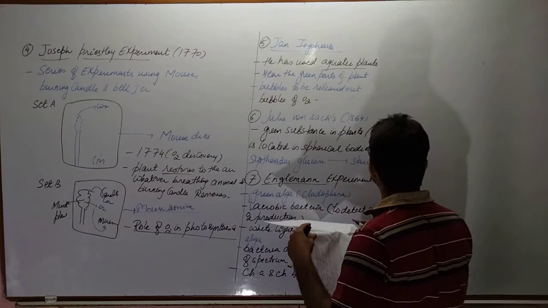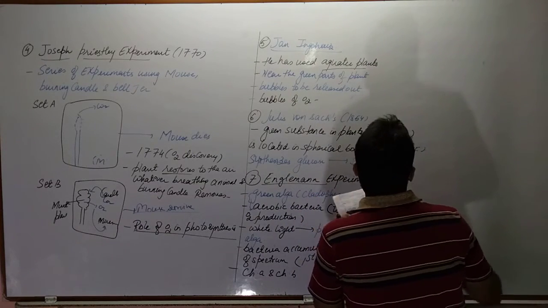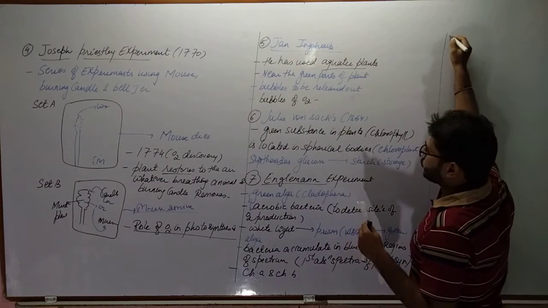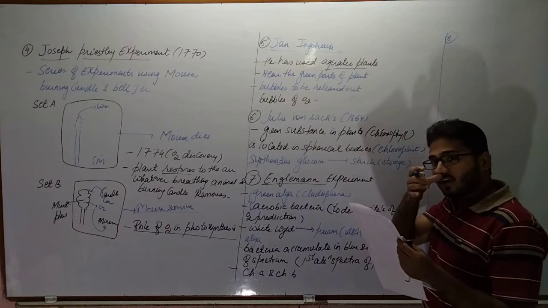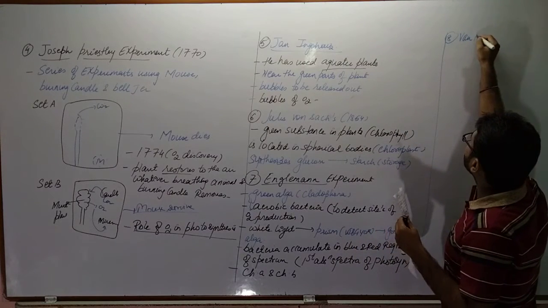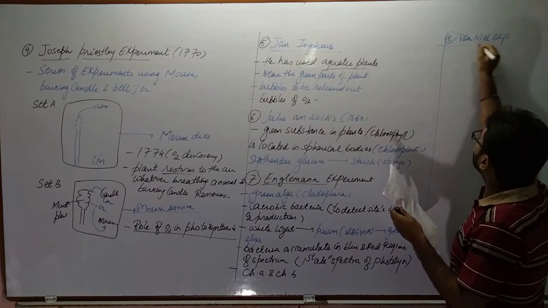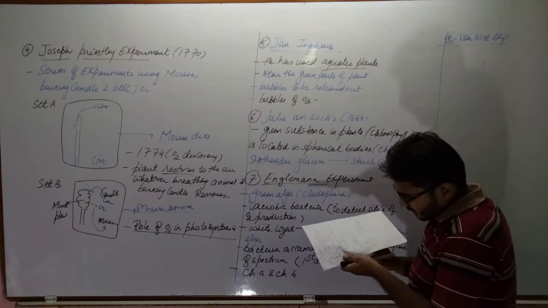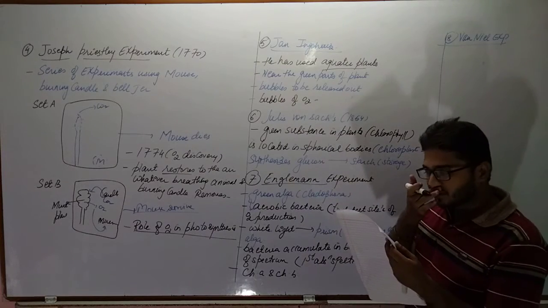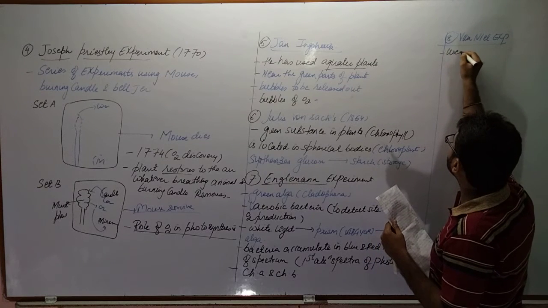Then the eighth experiment is the Van Niel experiment. He used purple as well as green photosynthetic bacteria. The conclusion was that photosynthesis is basically a light dependent reaction.